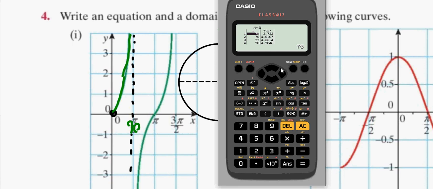Tan 75, no bother. The adjacent divides into the opposite 3.75 times. Now go up to 85. Oh, the adjacent will divide into the opposite 11.4 times. This means the opposite is 11.4 times bigger for an angle of 85 degrees. Now look what happens when you get to 89 degrees.